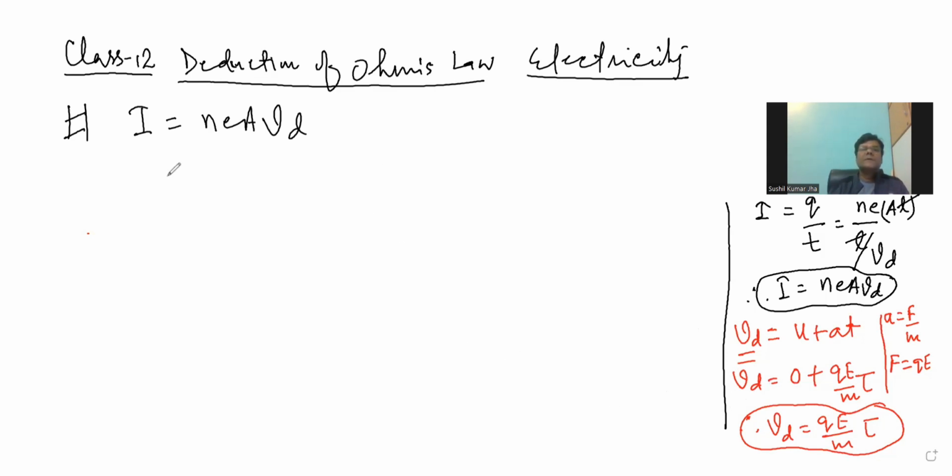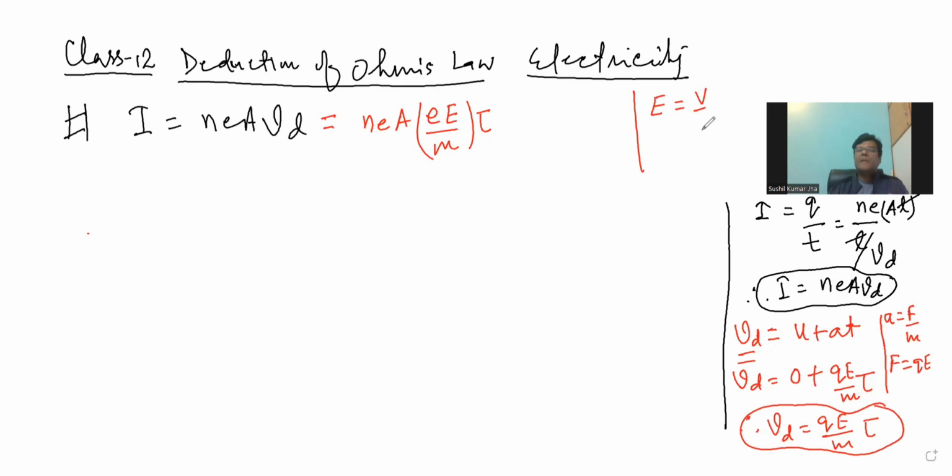Now, let's write it like neA, and in place of Vd, in place of Q, let us take electron charge e, and this is also capital E, the electric field, divided by m, and this multiplied by tau. We also know a relation, which is electric field is V upon L, or distance d.